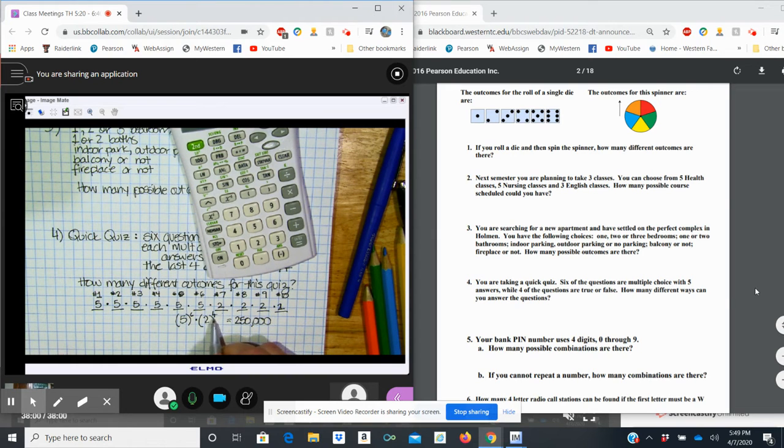We wouldn't do 4 to the 2nd. 4 to the 2nd would indicate 2 questions with 4 choices. The number of questions is your exponent, and the number of choices on that question is your base. So 5 to the 6th tells me I had 6 questions with 5 choices each. And 2 to the 4th tells me I had 4 questions with 2 choices each.